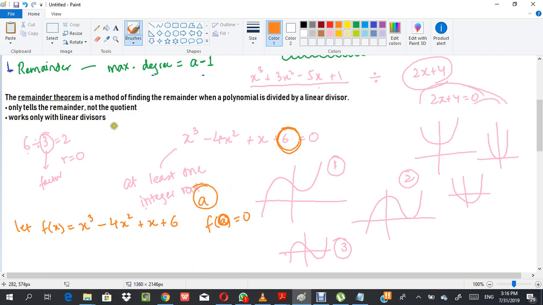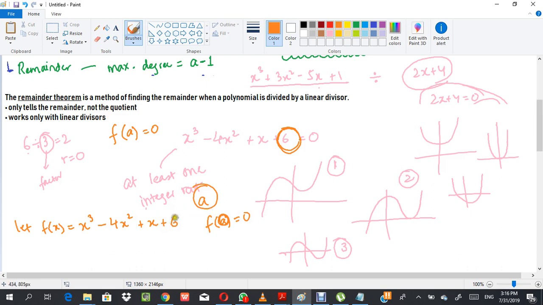Because we know from factor theorem that f of a is equal to 0, because the remainder in factor theorem is 0. So what we'll do is, we will take our constant term and break it into its factors, both positive factors as well as negative factors.